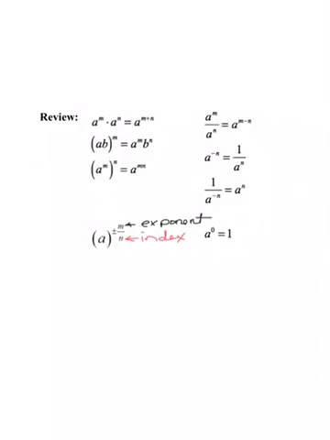So this law, or this rule, worked with a half and it worked with a third, and in fact it works in general. So we know that we can rewrite this expression as a raised to the m power under a radical where your index is n.